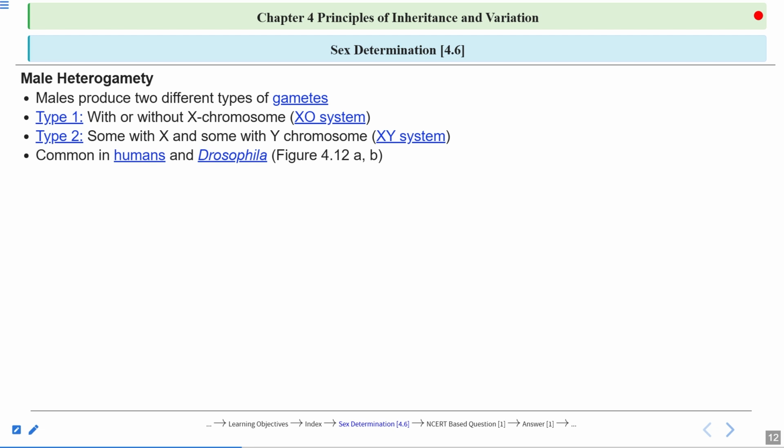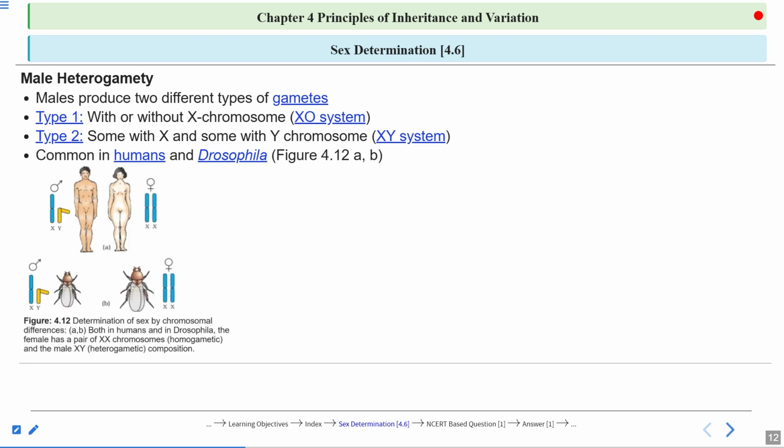This XY type of sex determination system is common in humans and Drosophila. Okay, Drosophila also consists of XY type of sex determination system, and humans as well. X0 is present in grasshoppers. So here you can see in this figure 1.4.12, this is showing you the X and Y chromosomes in the males and the females.